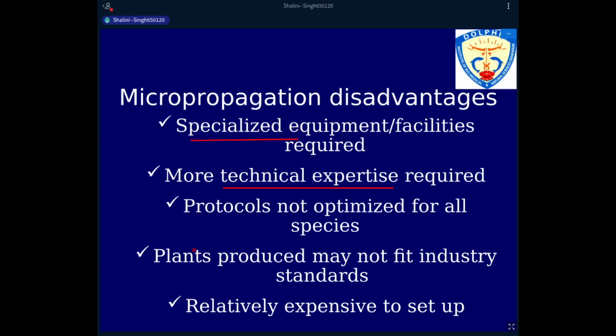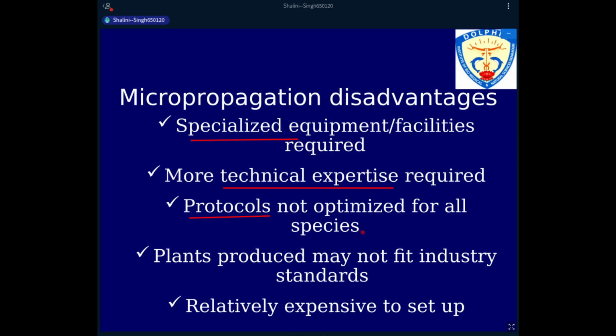Protocols not optimized for all species, since all the species have not undergone the tissue culture process. So sometimes it may happen that for the species you are working with, you have to optimize the protocol for that species also.